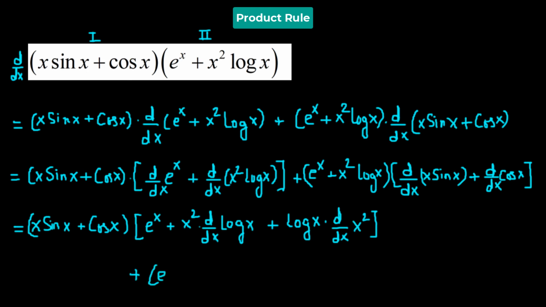Then we move on to the second term. So we have e raised to the power of x plus x squared log of x times. Now we apply the product rule for the first term, for the first derivative, treating x as the first function.